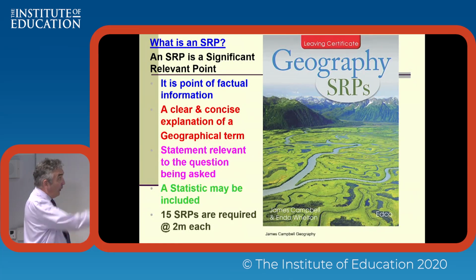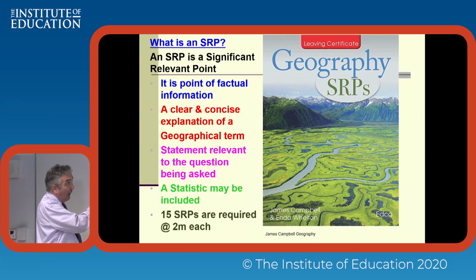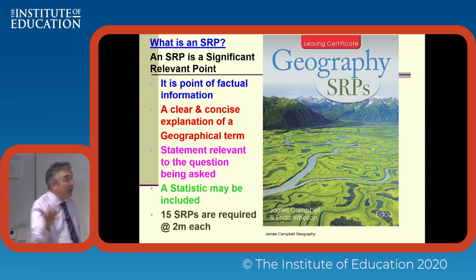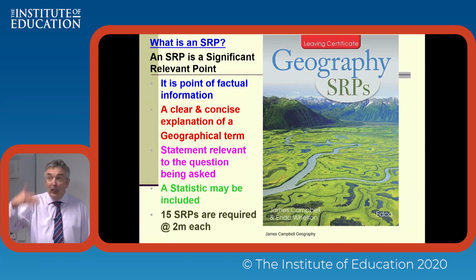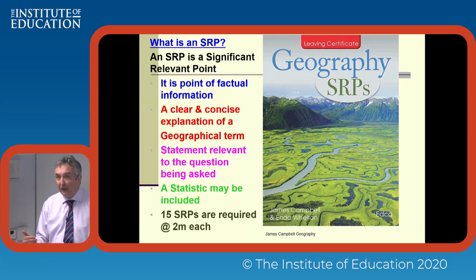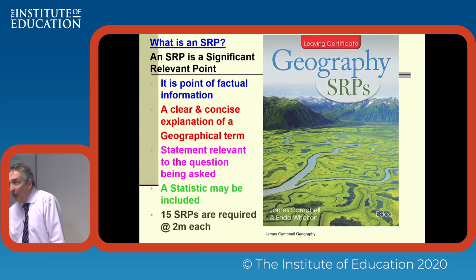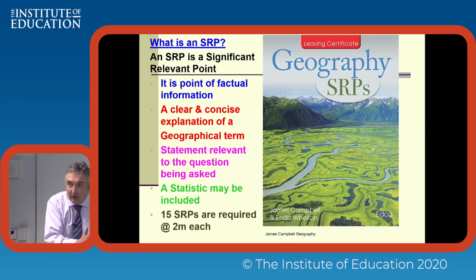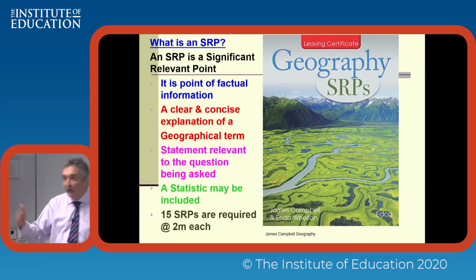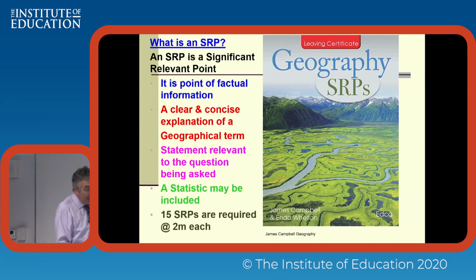So here it is again. It's a point of factual information. Or it could be a clear and concise explanation of a geographical term, like hydraulic action. Or it could be a statement relevant to the question being asked. In my answer, I will talk about primary economic activities in the Paris Basin as an example of a non-Irish core European region.